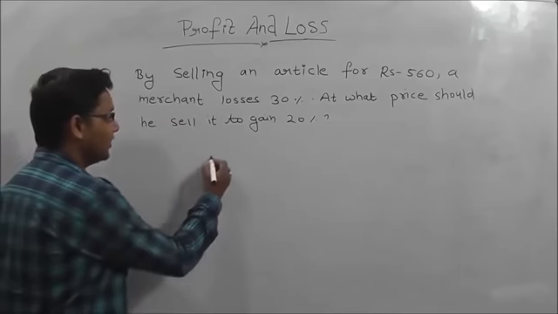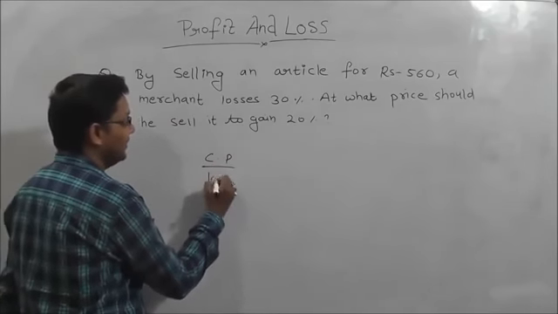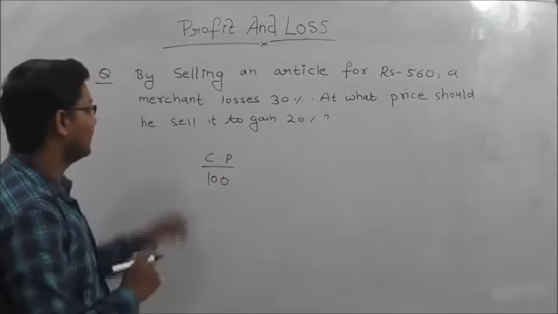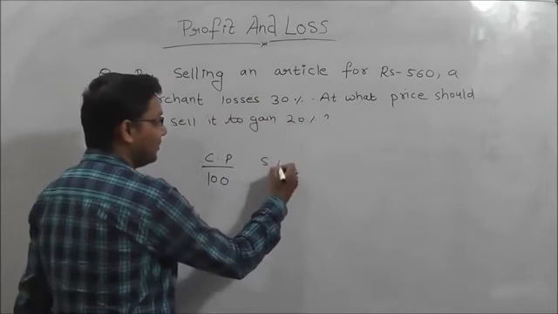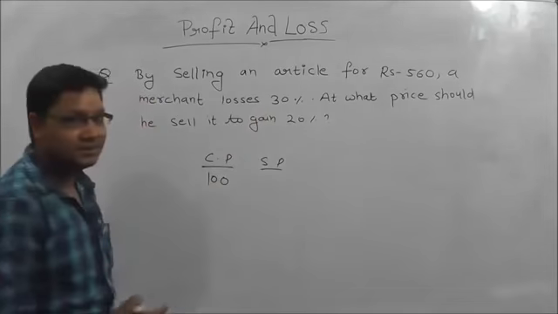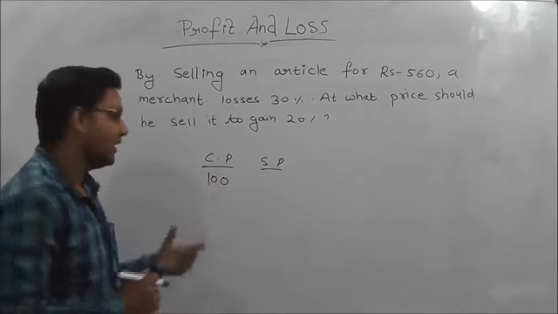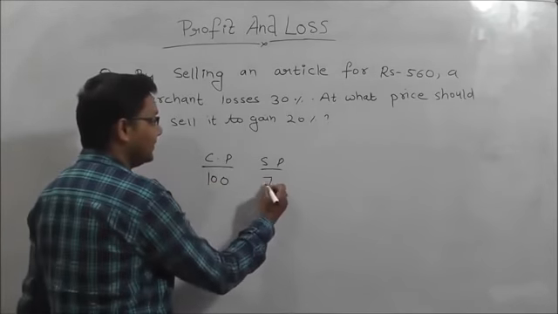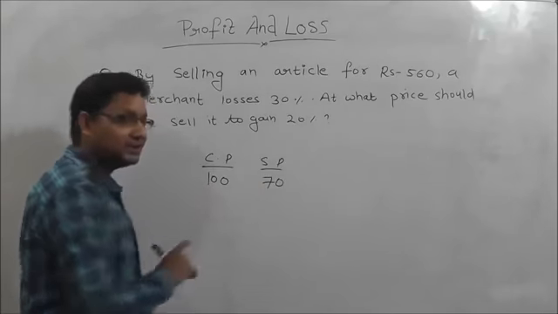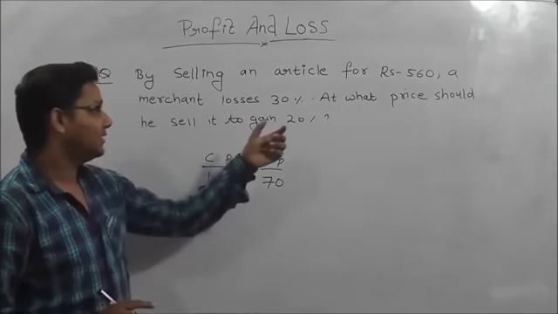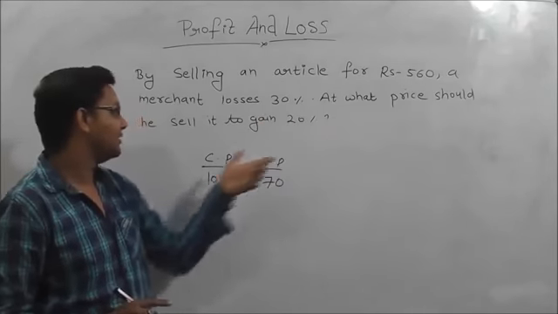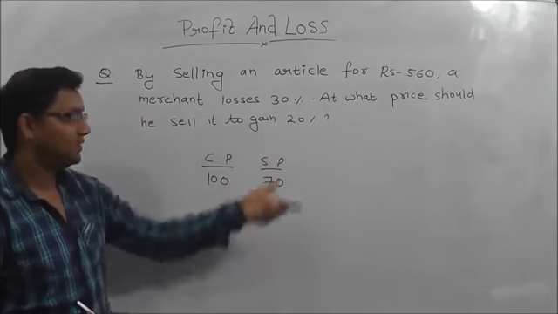So, first take the cost price as 100. A merchant loses 30%, so selling price will be 100 minus 30%, means 70% of cost price, and 70% of 100 is 70, because the cost price is 100. The next part is at what price should he sell to gain 20%?